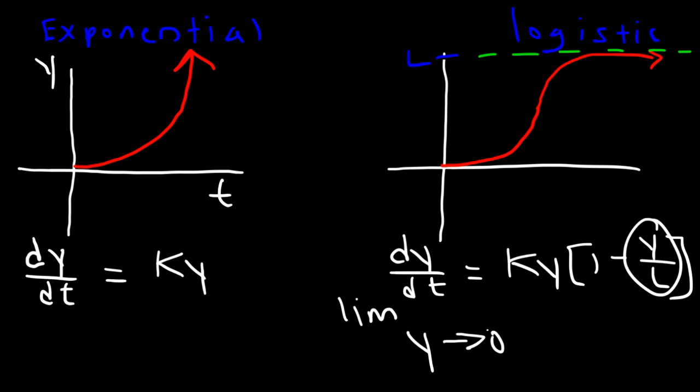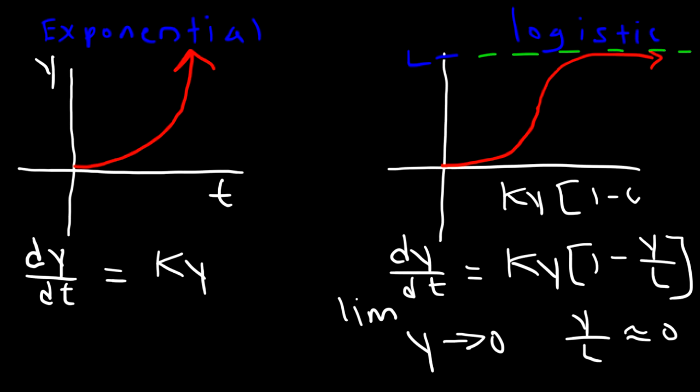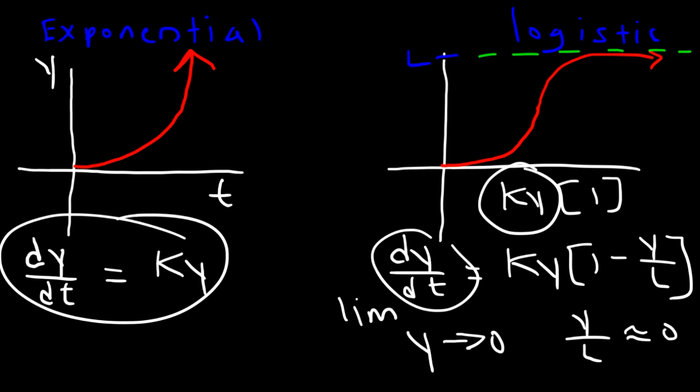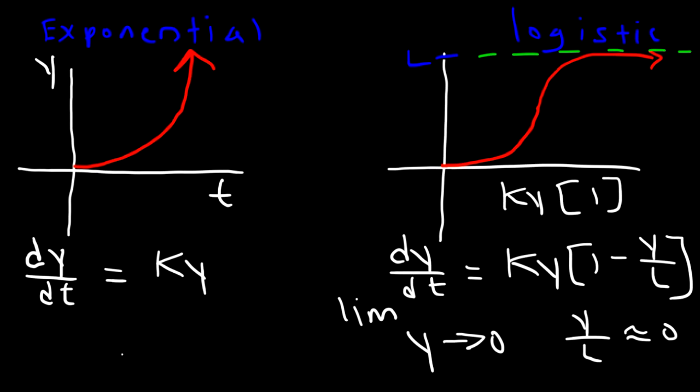As y approaches 0, y over L will approximately be equal to 0. So therefore, it's going to be ky times 1 minus 0. 1 minus 0 is 1. So you're going to have ky times 1, which is just ky. So dy/dt is equal to ky when y is small, which is basically the same equation as what we have here. So when y is small, the logistic curve behaves as an exponential curve.